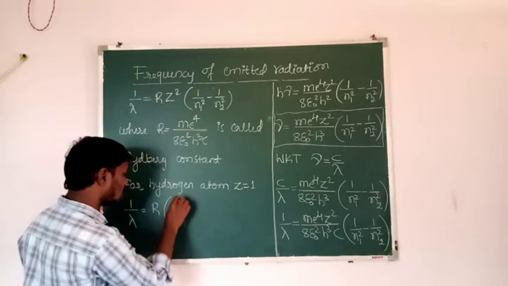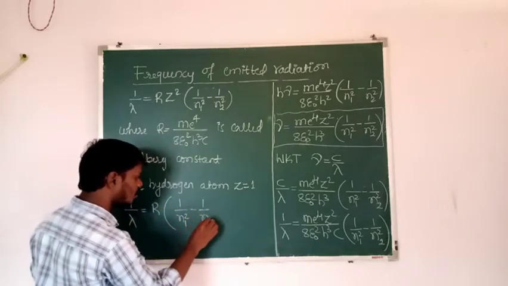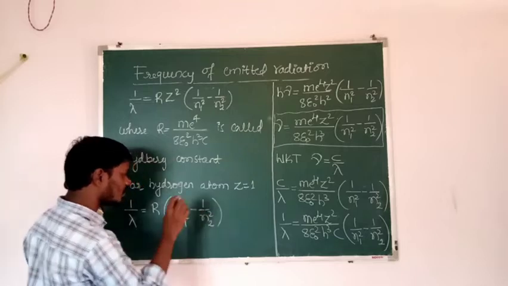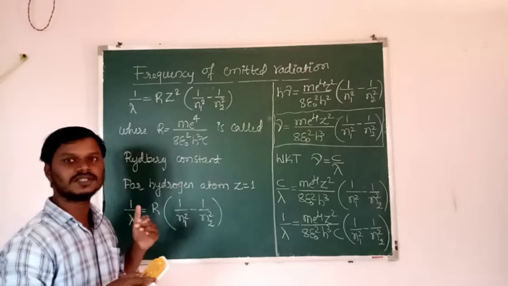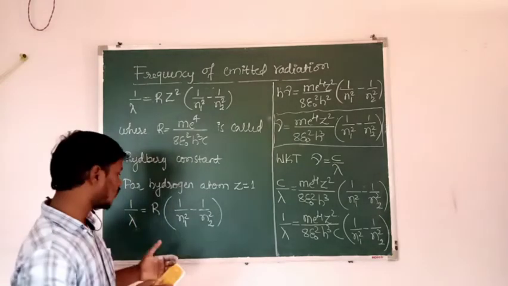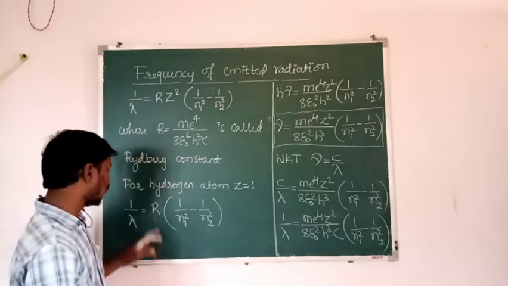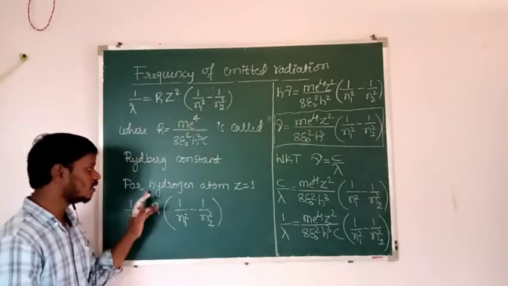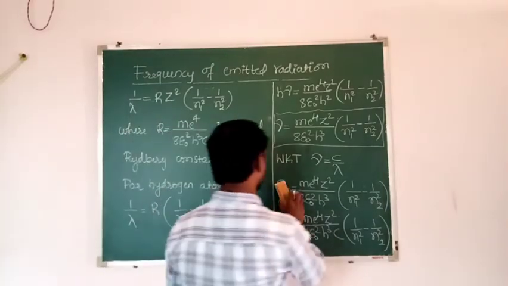Then R into 1 by n1 square minus 1 by n2 square. Then by using this one we are going to find the wavelength of the emitted radiation when the transition takes place from n2 to n1. So R value is the Rydberg constant. This is in case of the hydrogen atom.